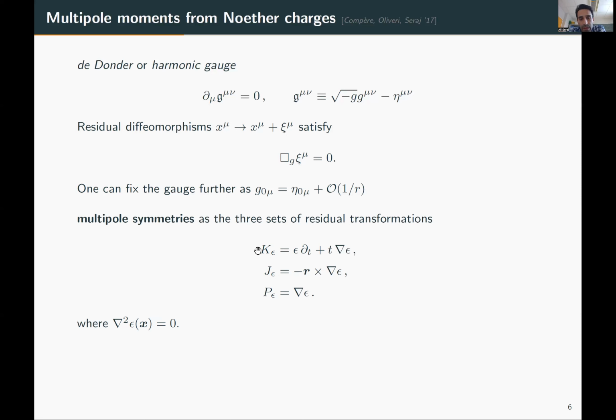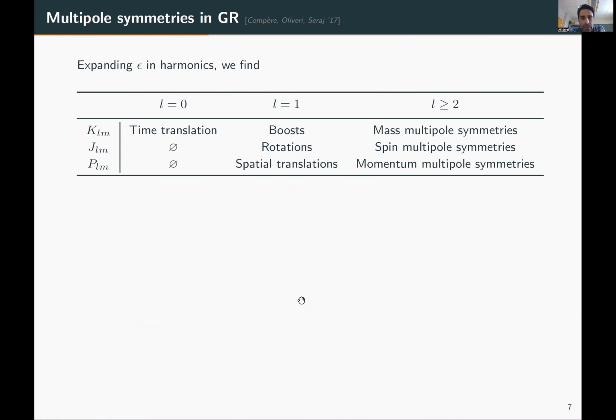The first vector looks like somehow a generalized boost vector. You see this explicit t dependence here. The second one is kind of a rotational vector. And the last one is kind of a translation vector. So to have a clearer understanding of these vectors, you can expand this epsilon, which is a harmonic function, in spherical harmonics.